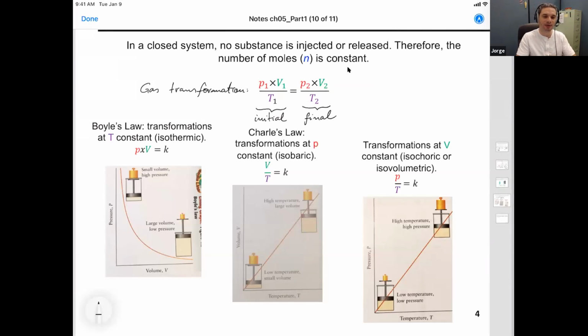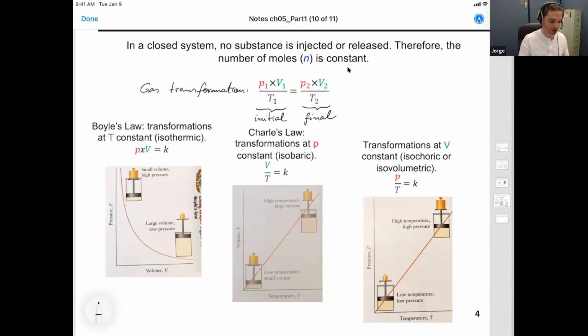A gas may undergo a transformation keeping one of the variables constant and changing the other two variables. And those transformations, they receive special names. So we have three different kinds of special transformations.